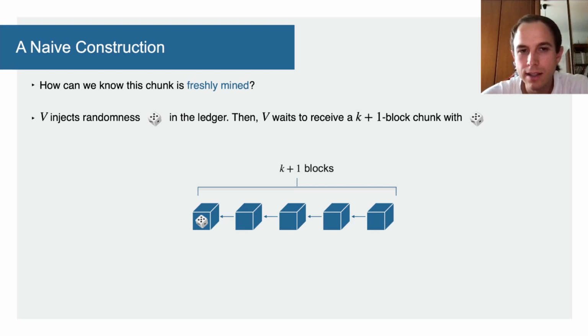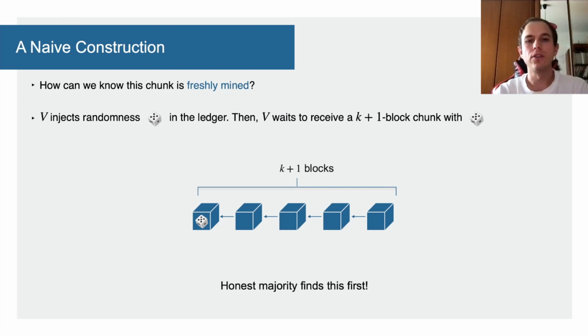Indeed, this would prevent someone from starting to mine such a chunk in advance, because they don't know the randomness, and they also cannot take an old chunk anymore, because the randomness won't be part of the previous blocks. And then we can also convince ourselves that the honest majority will find these k+1 blocks first.